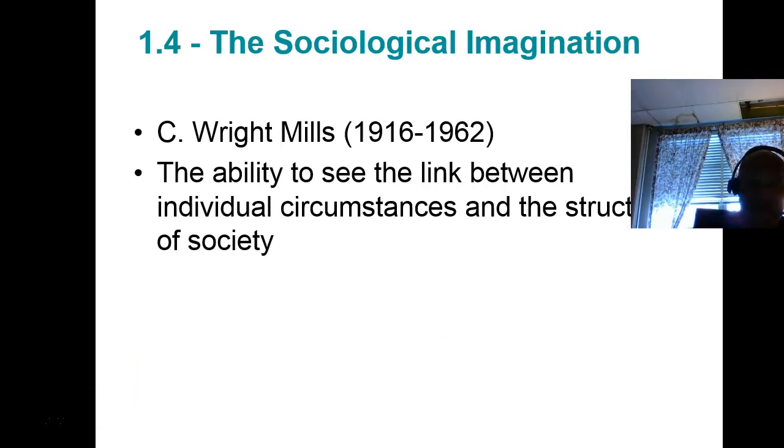C. Wright Mills was a famous American sociologist who lived in the mid-20th century. His central insight was that the point of sociology is to realize that individual circumstances are linked to social structure. Focus on the social, economic, and historical circumstances that cause individual problems, and question the structural arrangements of society.